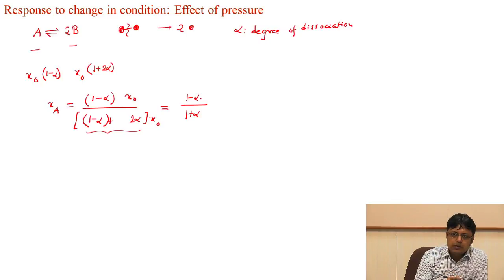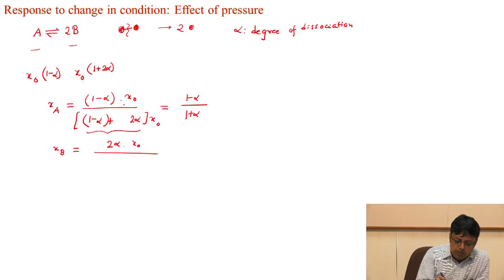So this will be the mole fraction of A. Similarly, the mole fraction of B will be 2 alpha times X0, and the denominator will be the same, 1 plus alpha into X0, so that will be 2 alpha by 1 plus alpha.